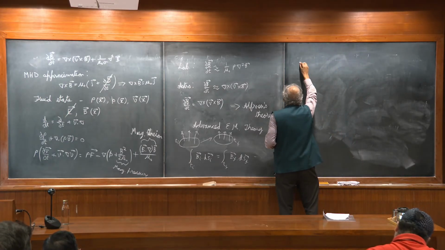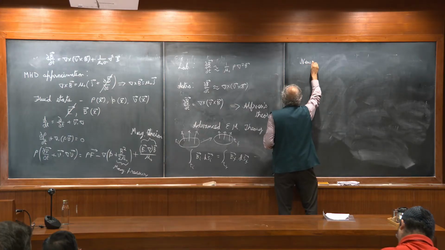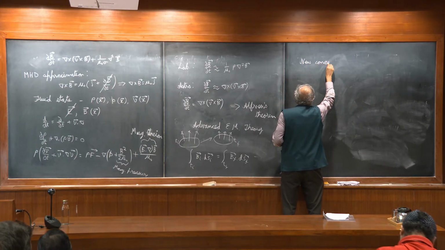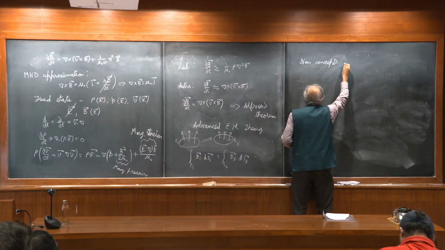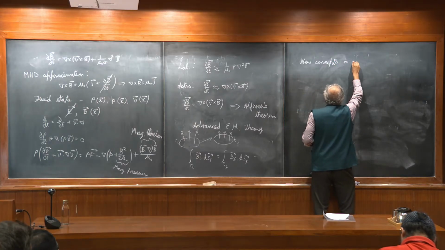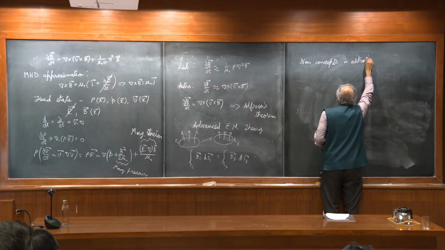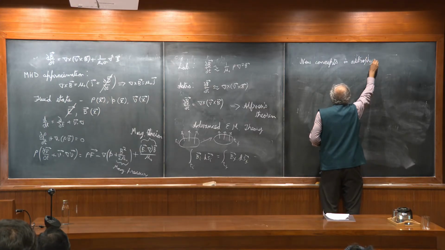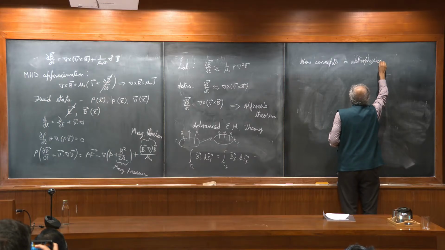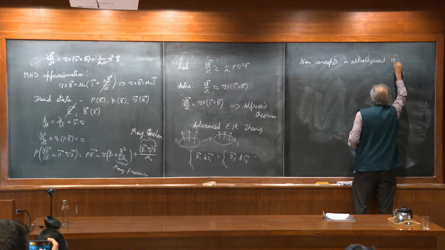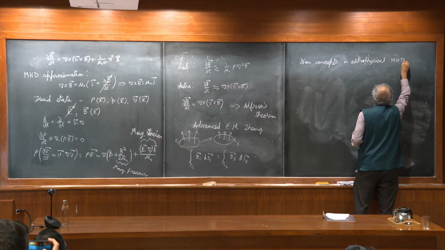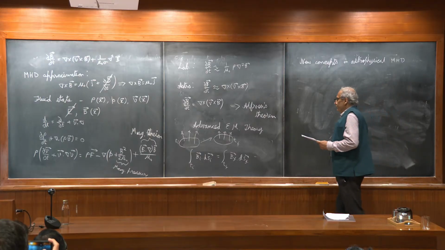So, new concepts in astrophysical MHD. Astrophysical MHD means where the magnetic Reynolds number is very high.